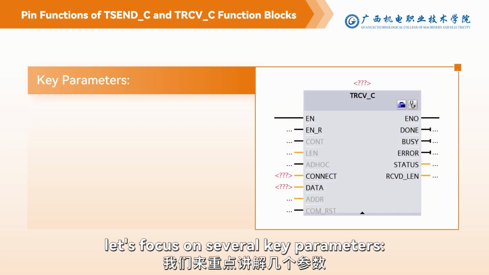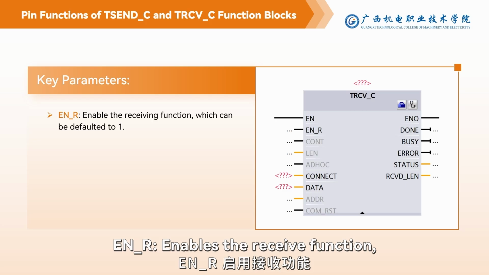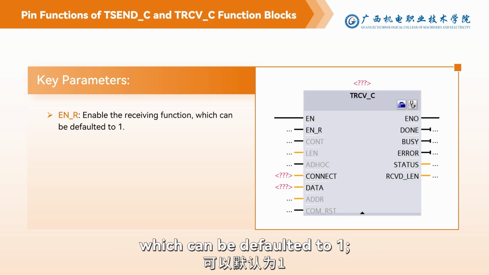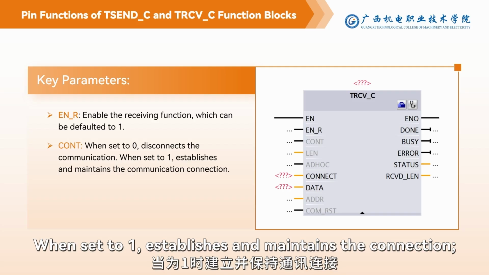Next, let's focus on several key parameters. EN_R enables the receive function, which can be defaulted to 1. CONT, when set to 0, disconnects the communication. When set to 1, it establishes and maintains the connection.